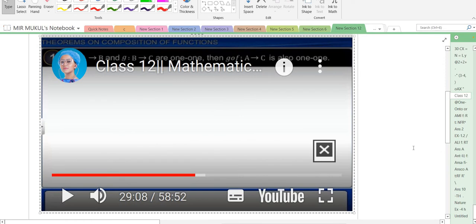If gof of x equals x and fog of y equals y, then we can say that the function is invertible. That means the function is one-one and onto.